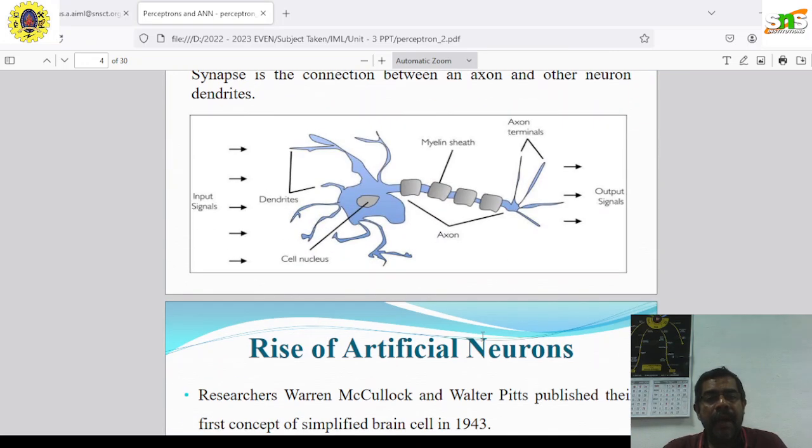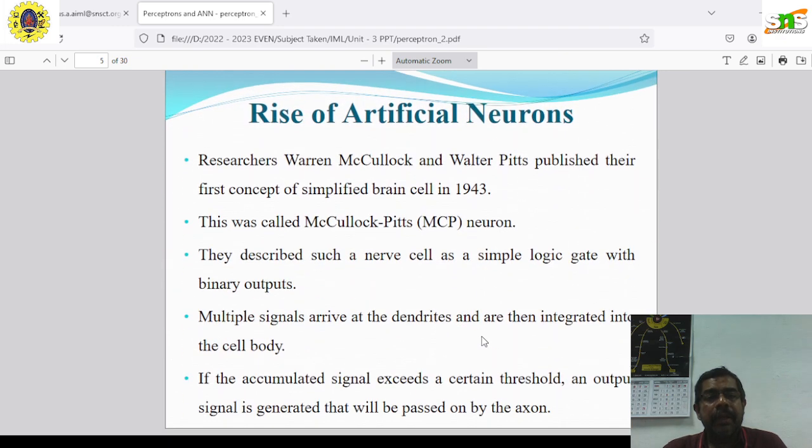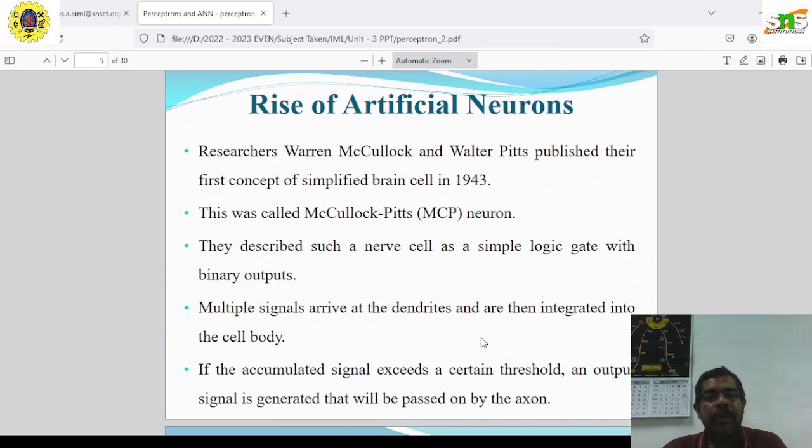Now we have to see how artificial neurons came about. The researchers Warren McCulloch and Walter Pitts published their first concept of the simplified brain cell in the year 1943. This was called the McCulloch-Pitts MCP neuron.